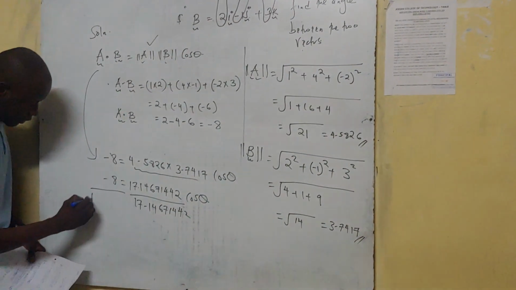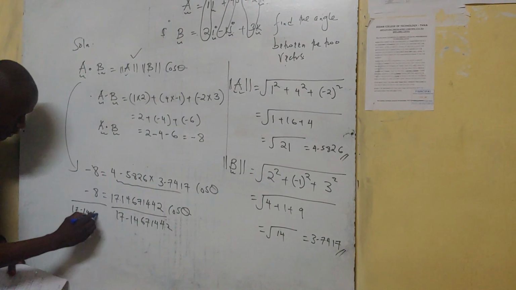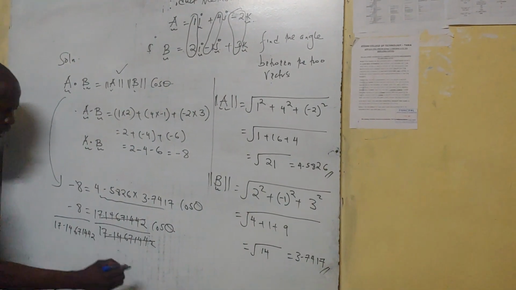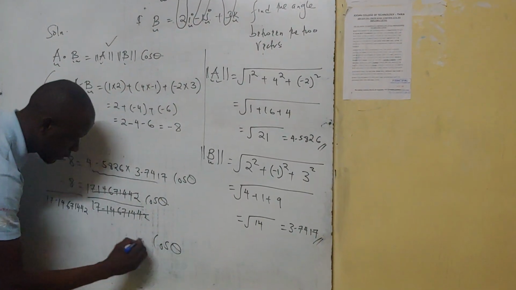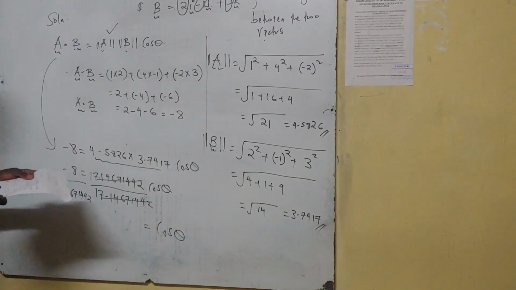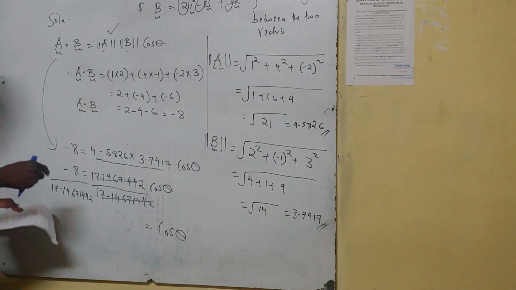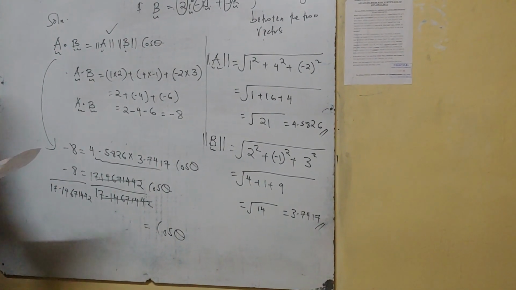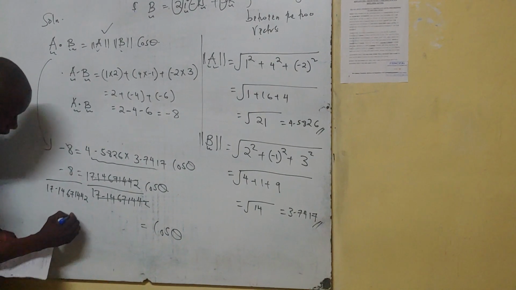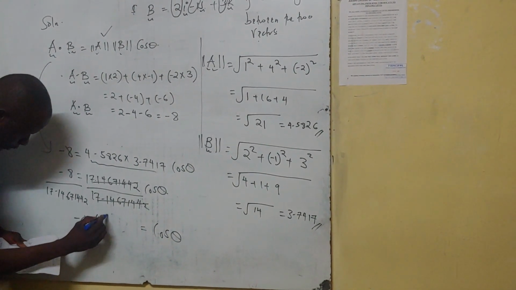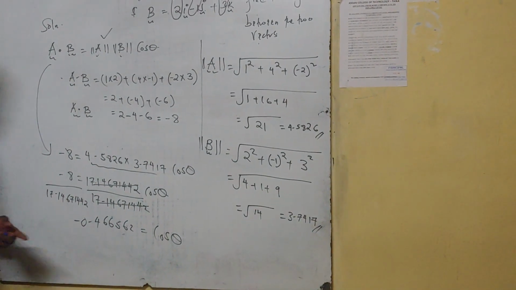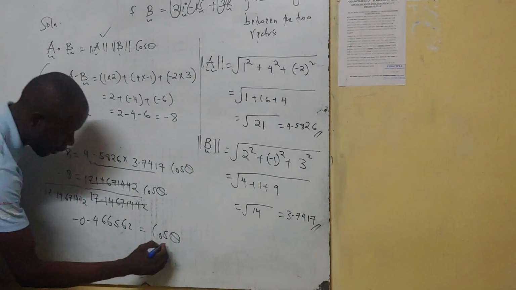This will cancel, and we are going to remain with cos theta equal to negative 8 divided by this, which will give us -0.466562.